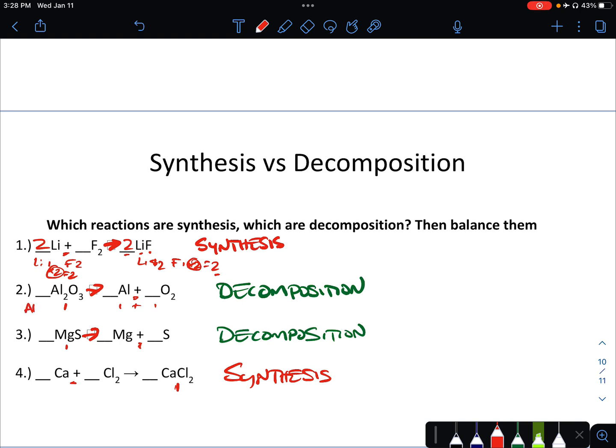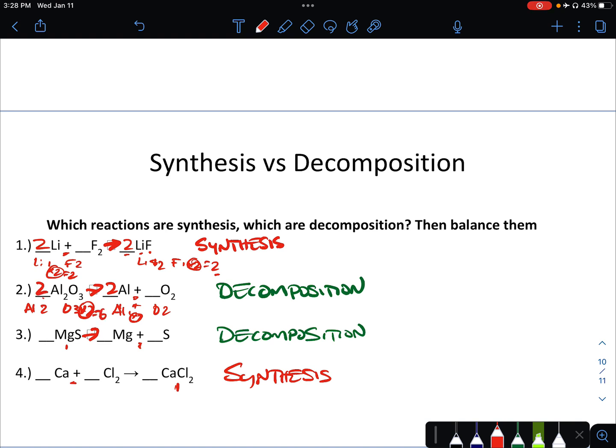This one, Al has 2, O has 3, Al has 1, O has 2. First off, let's double that thing. All right, so that gives me 2 there. I'm going to double this one right now just because it's going to make life better for us, I think. So I'll put a 2 there.